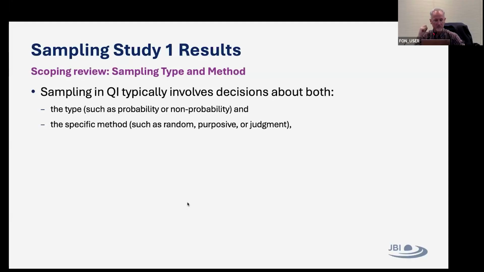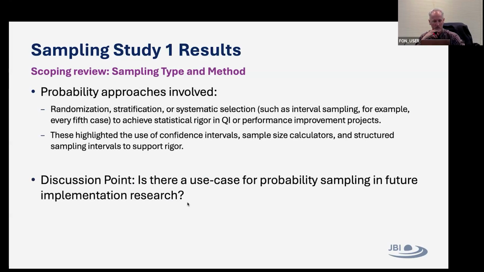In terms of sampling type and method, this was based on that initial decision about, is it going to be probabilistic or purposive, convenience-based? And then do I need a specific method under that as a type or typology? So probability, randomization, non-probability, purposive, judgment, convenience, and different modes of those. Makes sense, doesn't it?